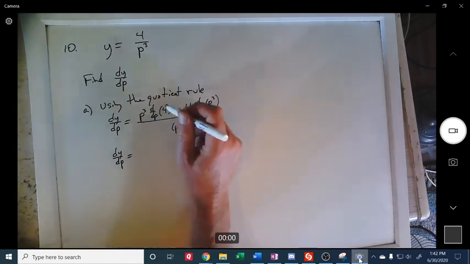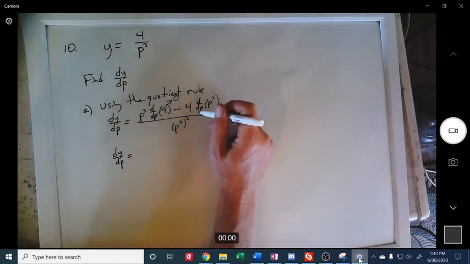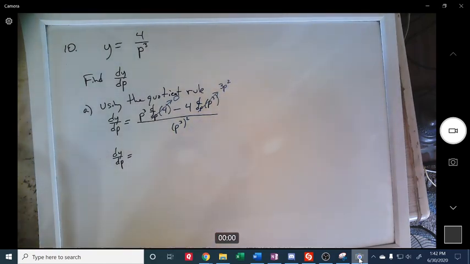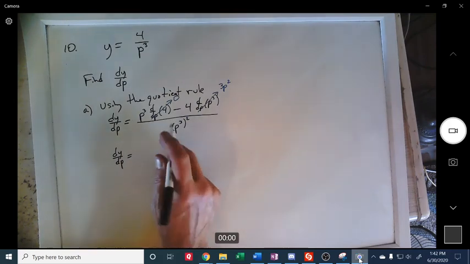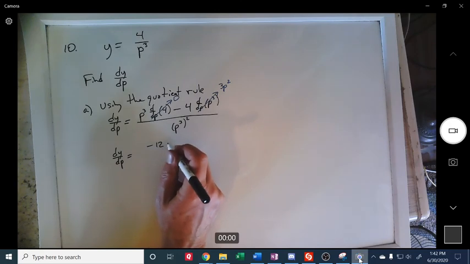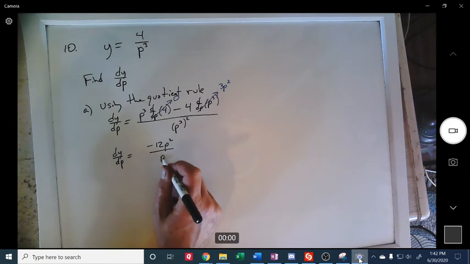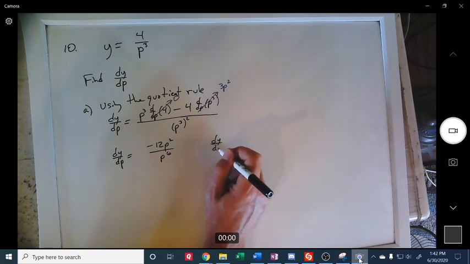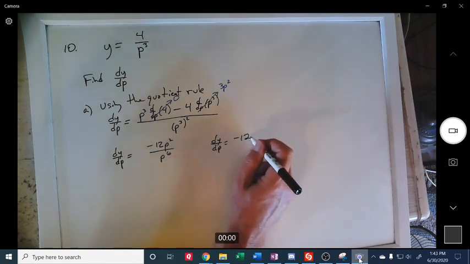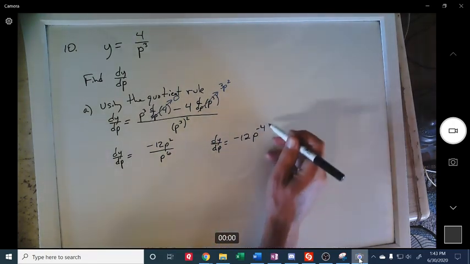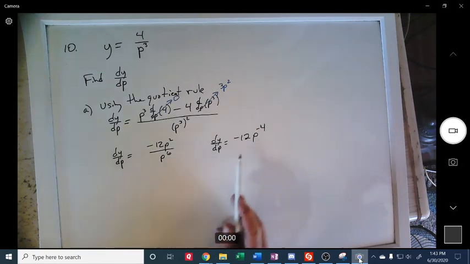The derivative of any constant is 0. This is 3p squared. So this whole term zeroes out, so all I get is minus 12p squared over p to the 6th, or dy dp is negative 12p to the negative 4th power. That is what this simplifies down to.